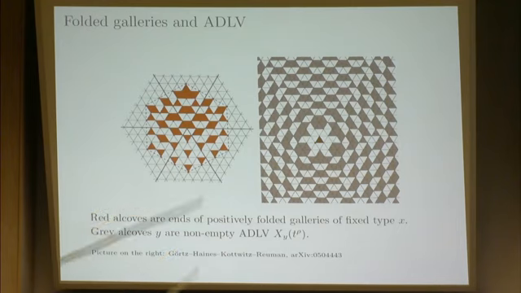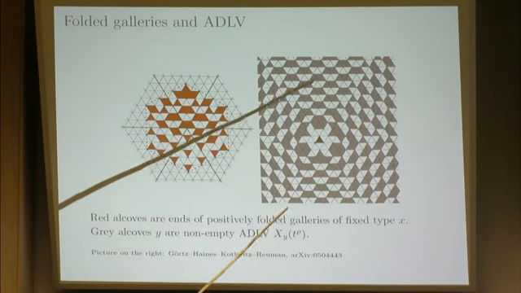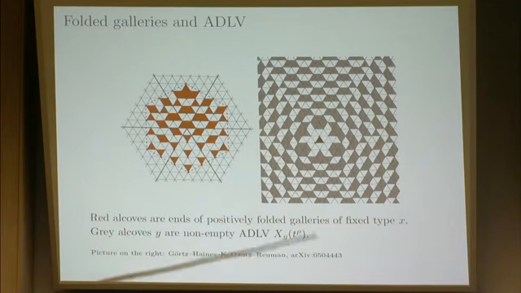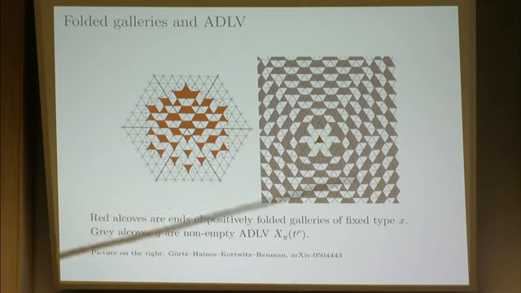And this picture appeared in a paper on Affine Deligne Lusztig varieties, where they produced it with a computer program doing explicit calculations in SL3 and trying to figure out which Affine Deligne Lusztig varieties are non-empty. So the gray things on the right, without having told you yet what an Affine Deligne Lusztig variety is, describe the collection of non-empty Affine Deligne Lusztig varieties where the index y here varies, and for every y where this variety is non-empty, it's colored gray.